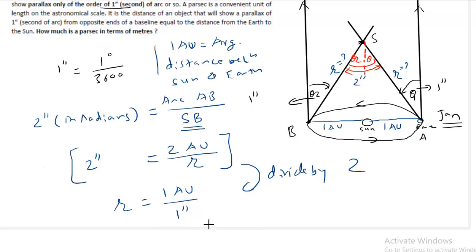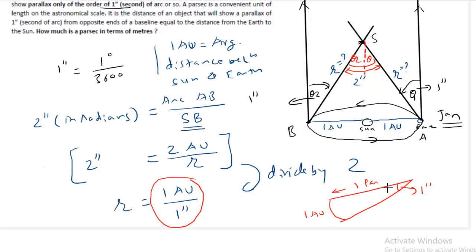Now if I show this separately, this is the angle 1 arc second, and this is the arc 1 AU. Then this distance is called 1 parsec. It is a new unit of distance, used for the distance between two celestial bodies.